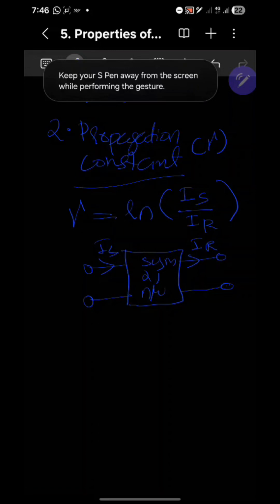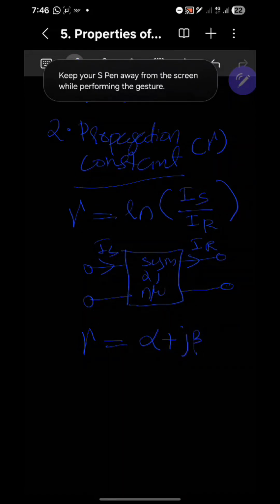That means there will be a phase difference as well. So to represent both the attenuation and the phase difference, we require a complex number. In other words, generally gamma will be a complex number. We can write it as alpha plus j beta.